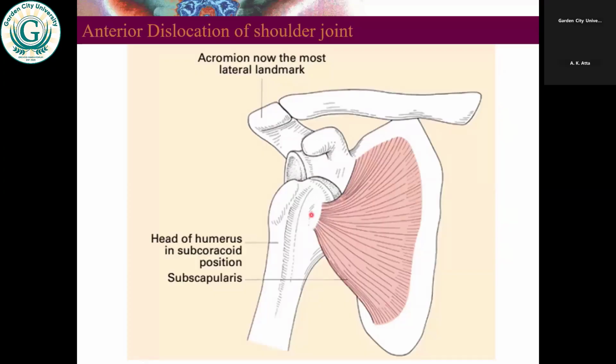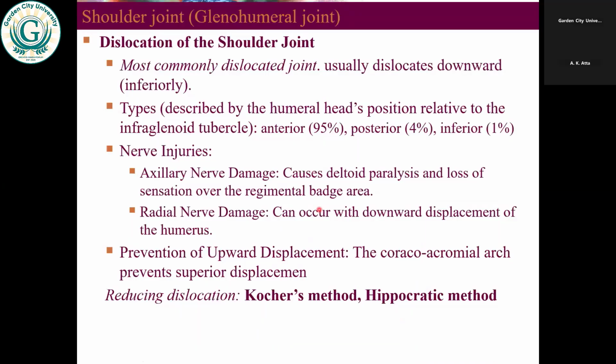So this is what is an anterior dislocation. You remember this one I showed you, the axillary nerve damage. And also there can be radial nerve damage because it passes the radial groove.